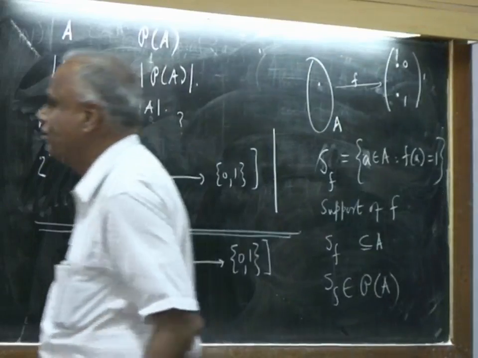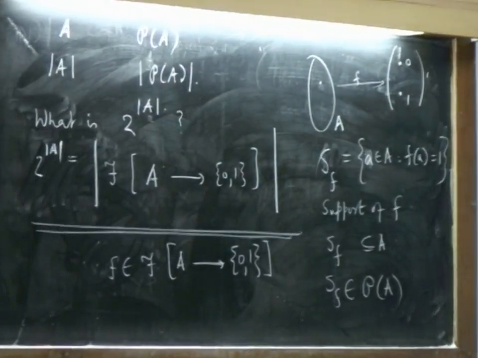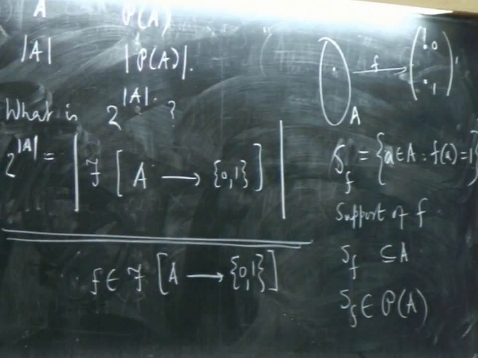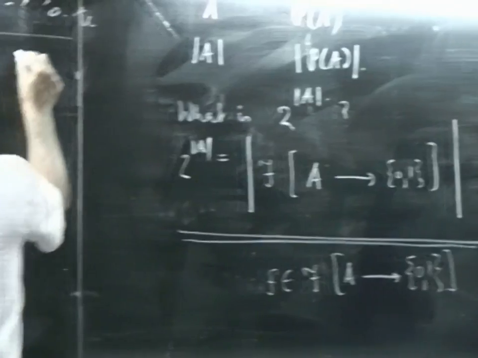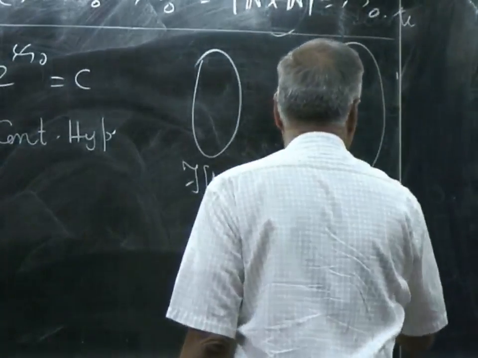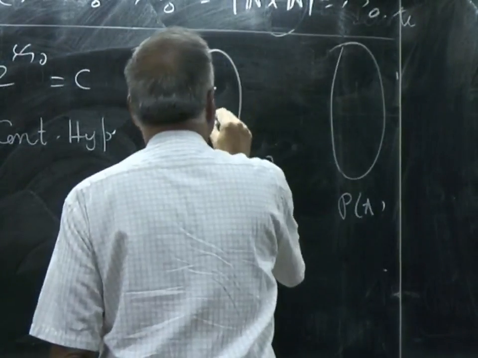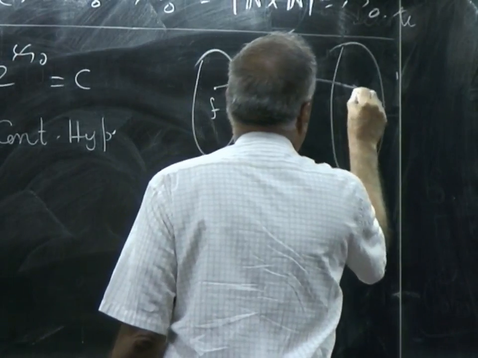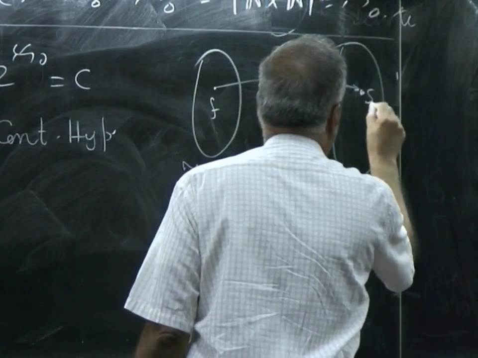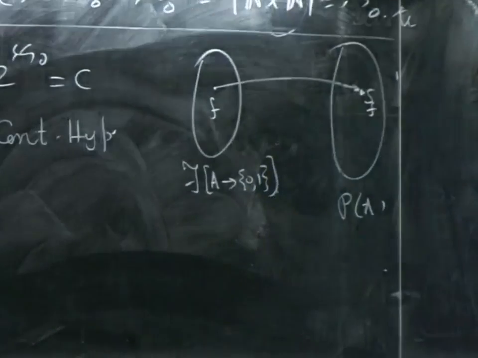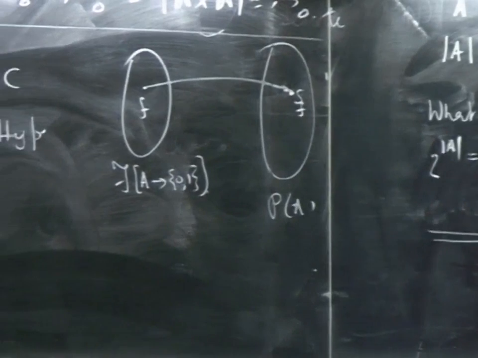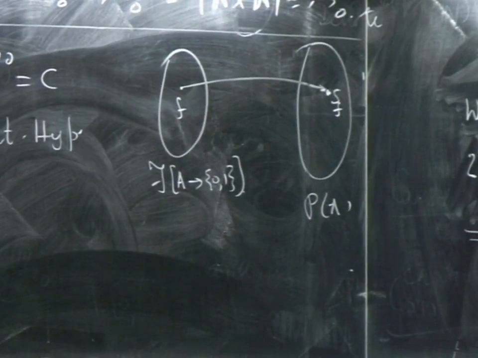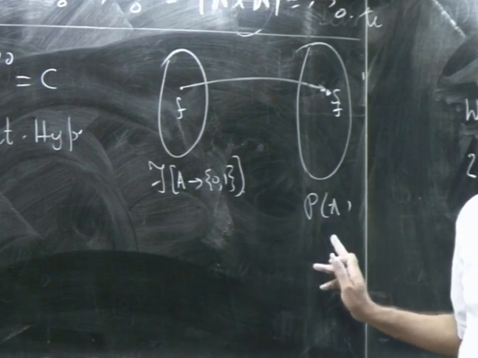So what have I done? I have taken the function F from A to {0, 1}, and from that I am now looking at P(A). I have started with an F and associated it with an S_F. Is that clear? With every function I have associated a subset of A. So now I have a mapping from this to this.